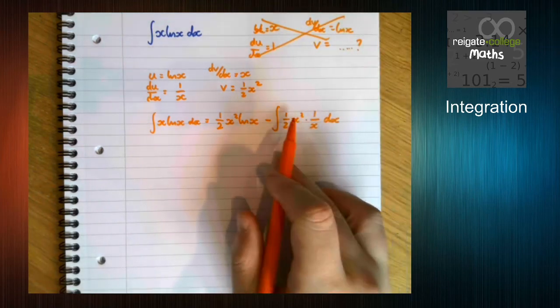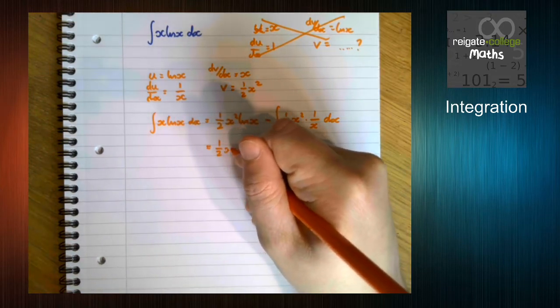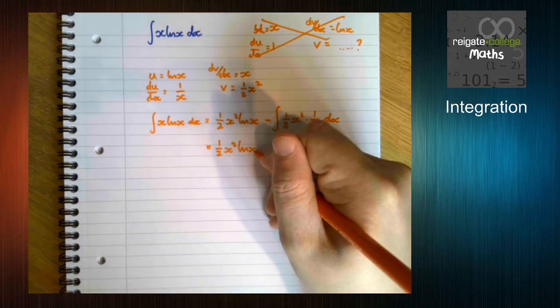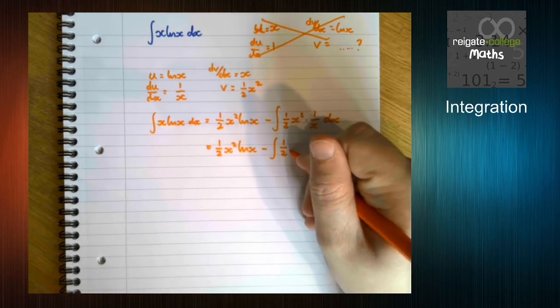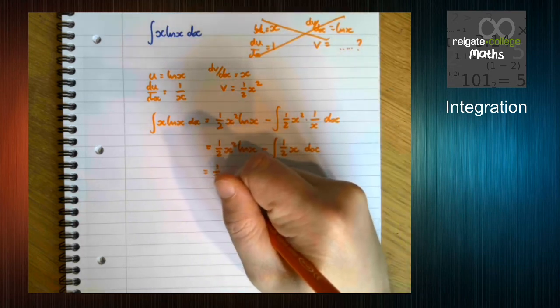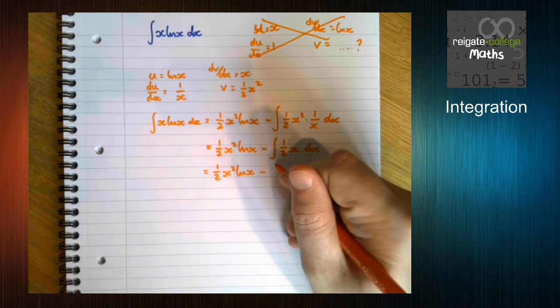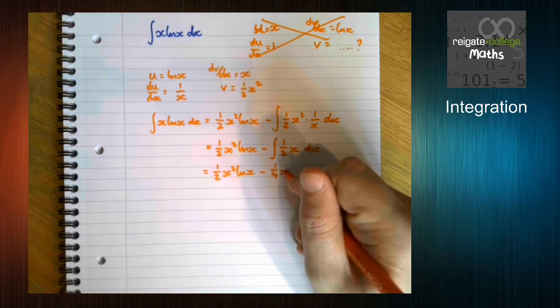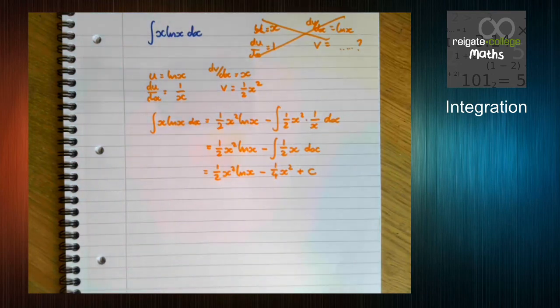Notice how here we have a nice simplification. So we get a half x squared ln x minus a quarter x squared plus c. This is much, much easier than trying to figure out the integral of ln x.